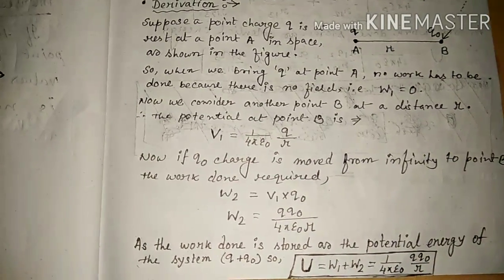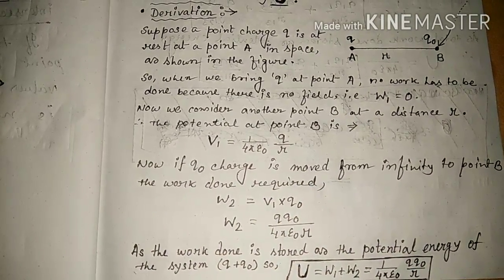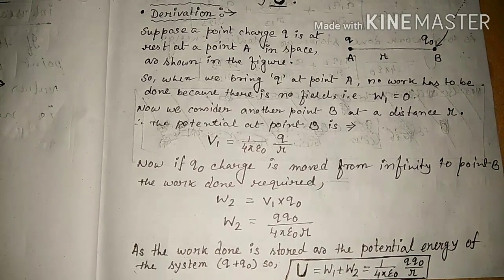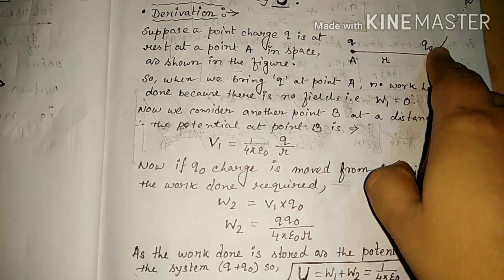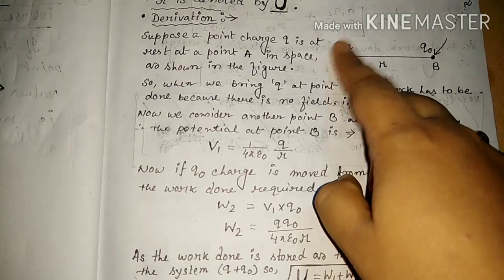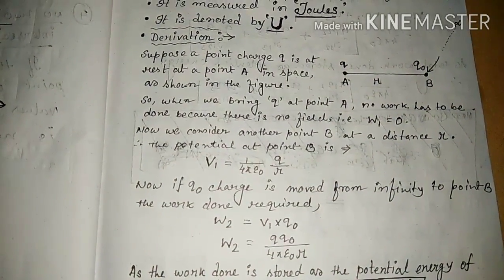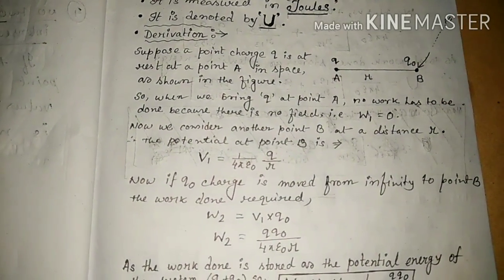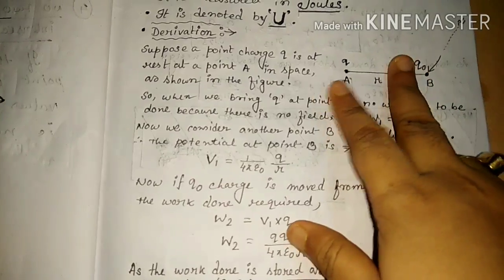Okay. As we know, the work done is stored as potential energy. So this is a system of two charges. At point A charge Q is there, at point B charge Q naught is there. So this behaves as a system consisting of two charges.